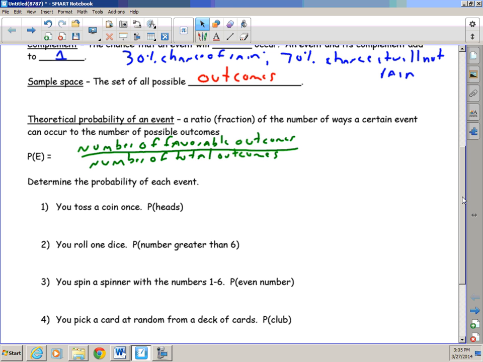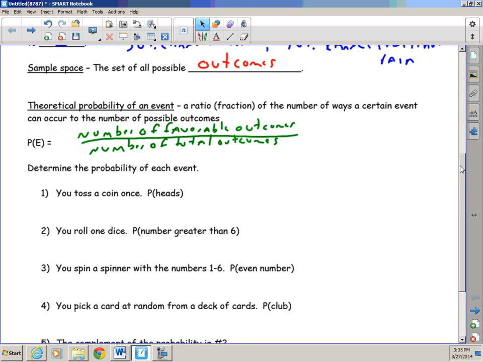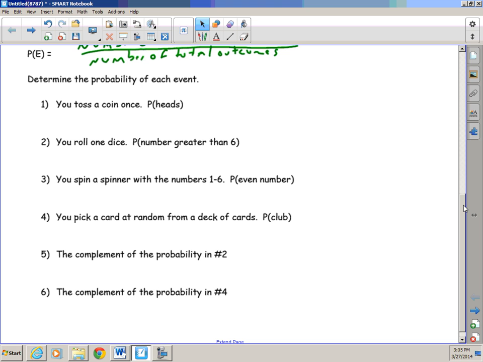So odds and probability, while related, are not the same computation. The other thing is, in all of these events, there has to be no bias, meaning there has to be no situation that's going to let one thing occur more likely than the other.